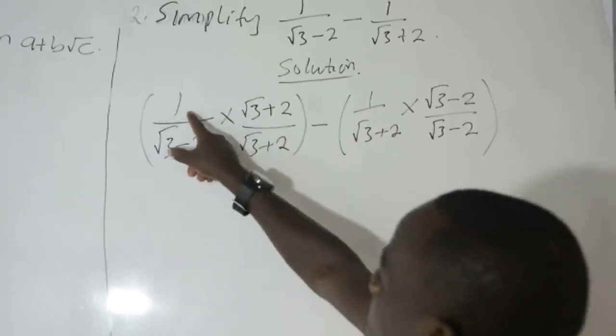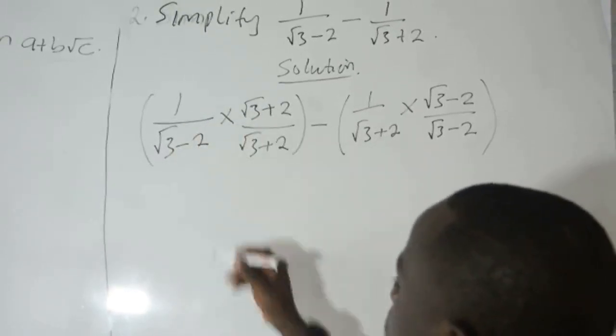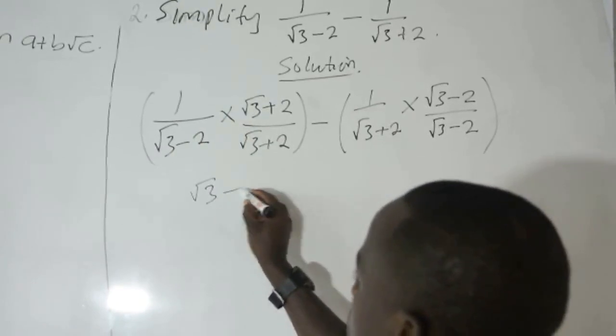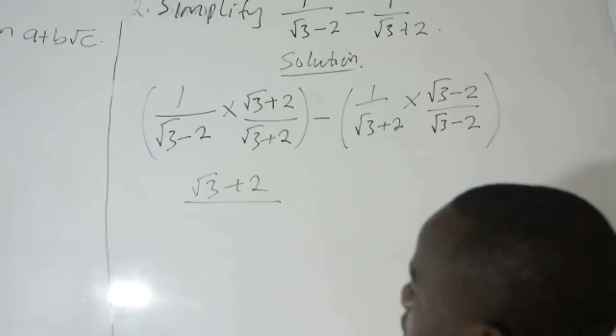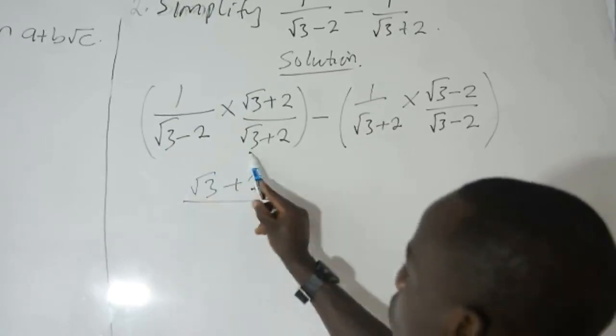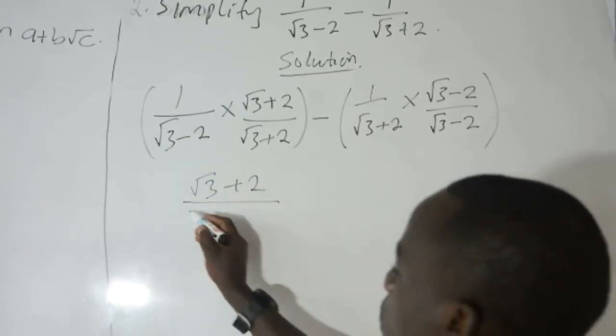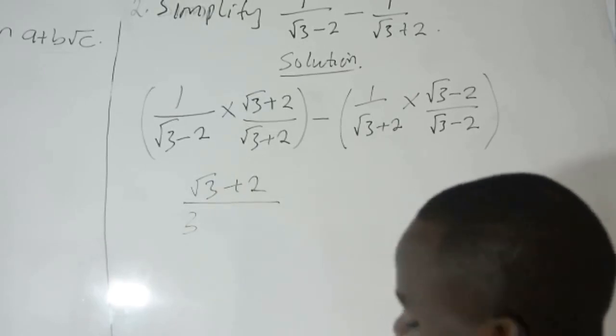Alright, 1 times root 3 plus 2 will still give us root 3 plus 2 all over. As I explained earlier, root 3 times root 3 will give us root 9, which is what now? 3.